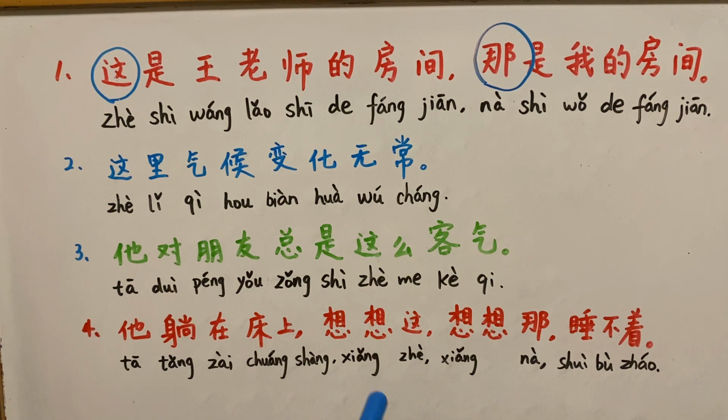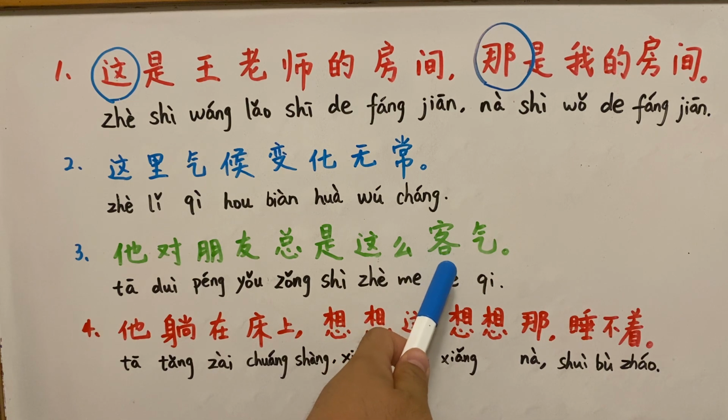Okay, this is 这 and 那, the demonstratives in Chinese. 这, this, and 那, that. 这么, this polite, 客气. 客气 is spoken Chinese to describe someone who is very polite. 客 literally means guest.